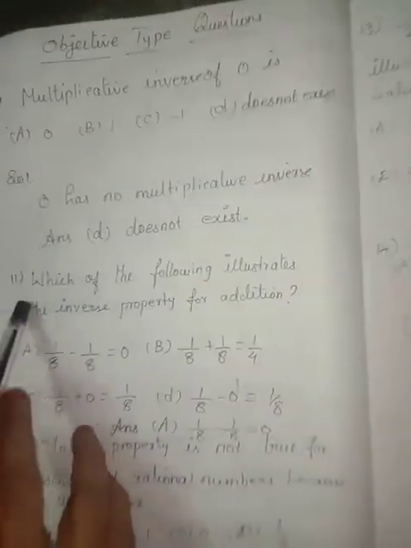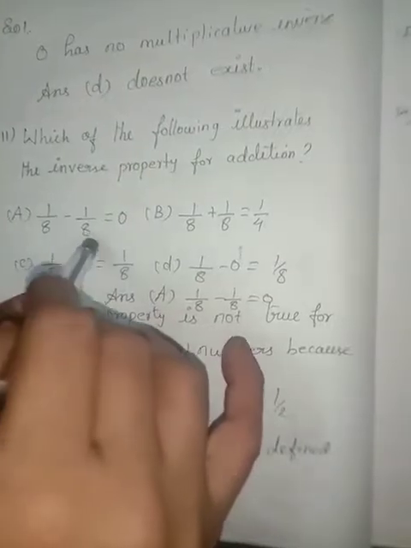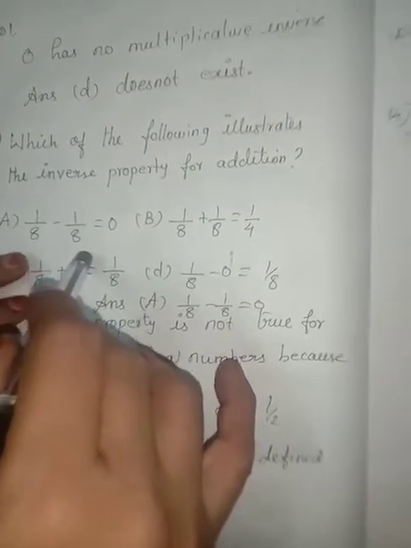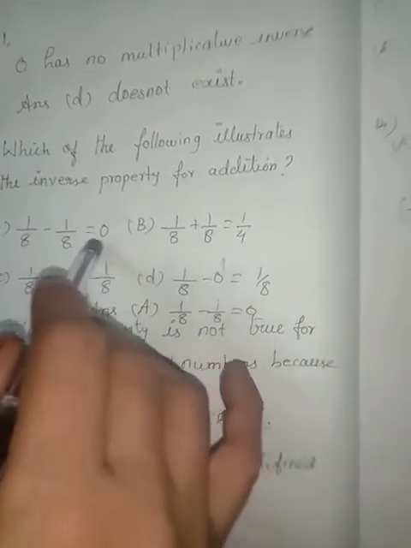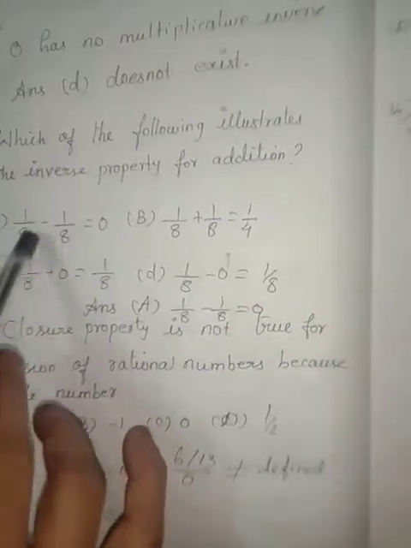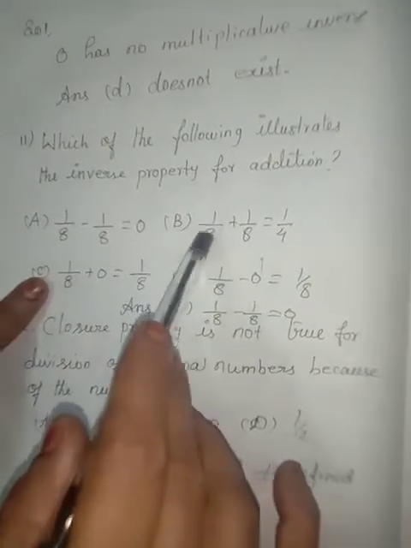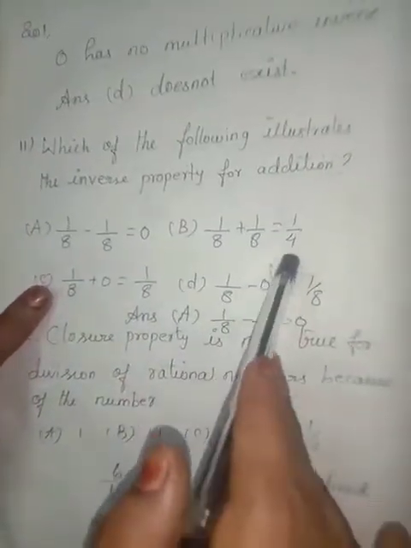The 11th one, which of the following illustrates the inverse property for addition? What is the inverse property? Every real number when added with its opposite real number, we get the additive identity, that is 0. Look here, option A is 1 by 8 minus 1 by 8, that is equal to 0. Option B is 1 by 8 plus 1 by 8 equal to 1 by 4.